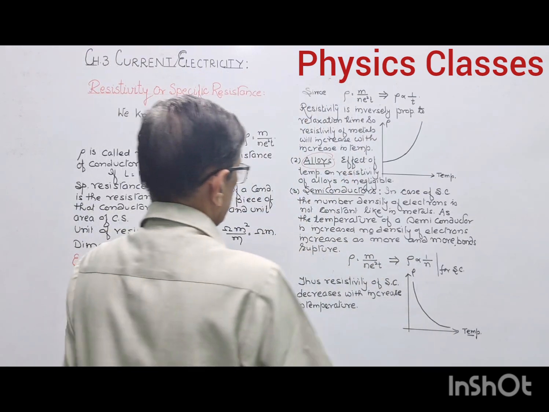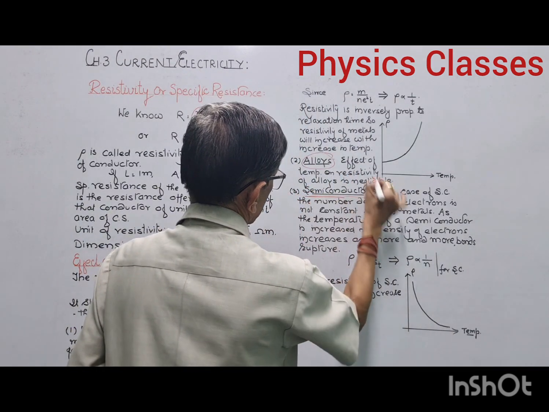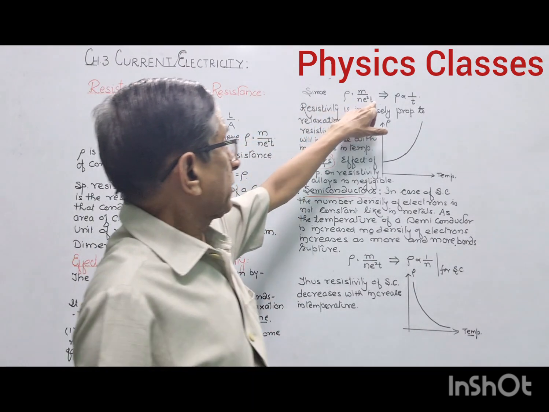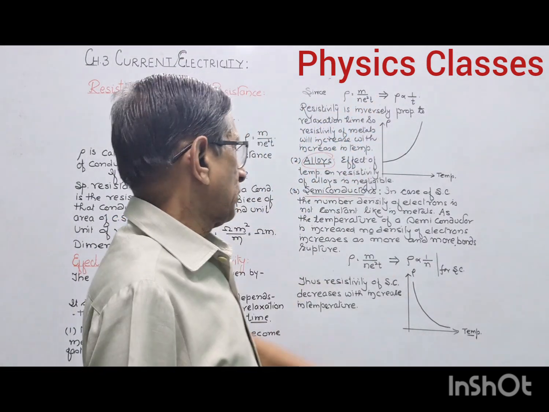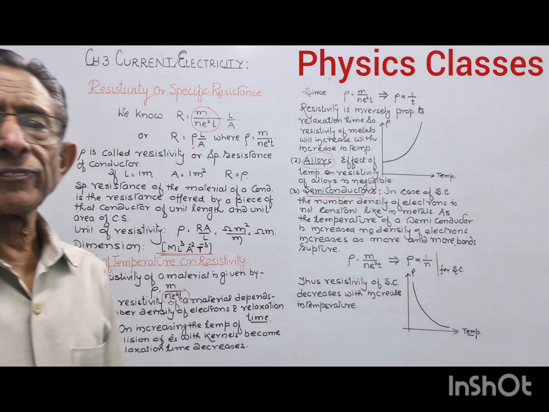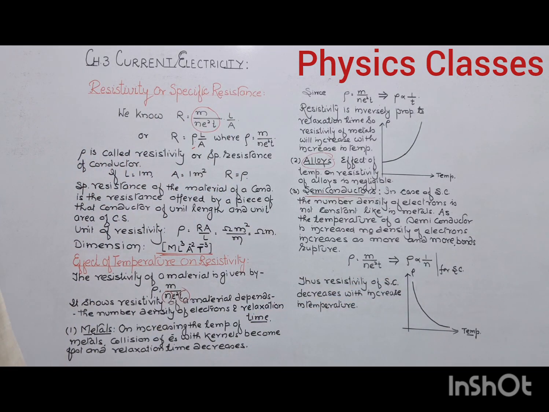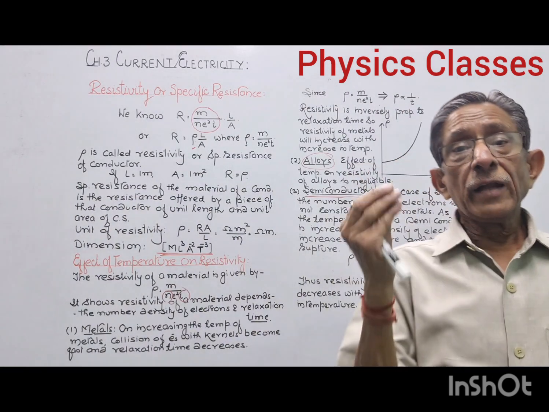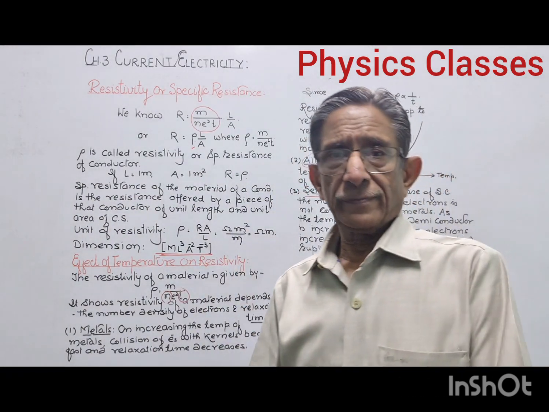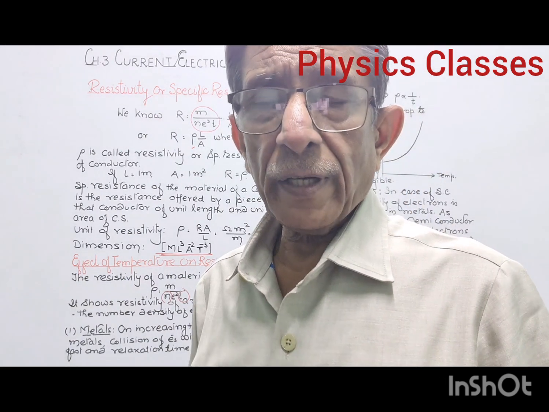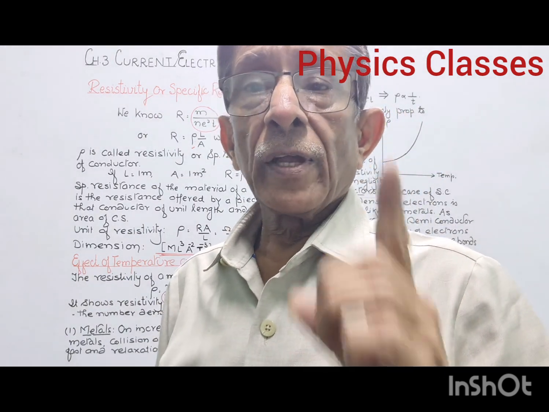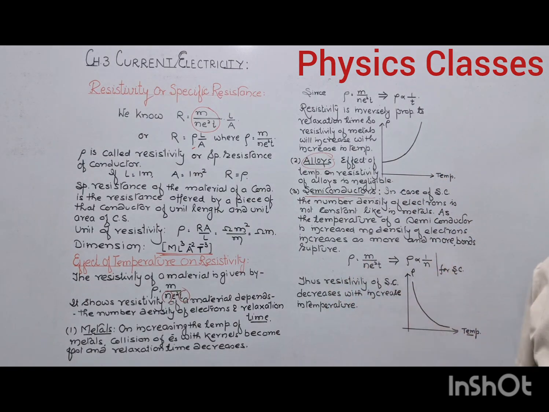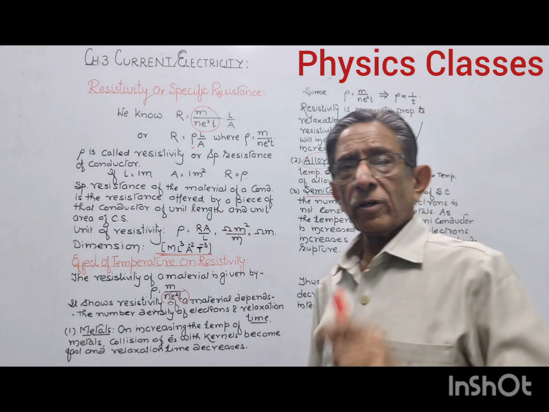Next comes semiconductors. In case of semiconductors, there is no role of relaxation time. m is constant, e is constant. Therefore, rho depends on the number density of electrons. Resistivity of a semiconductor depends on the number density of electrons, n. Rho is inversely proportional to n.